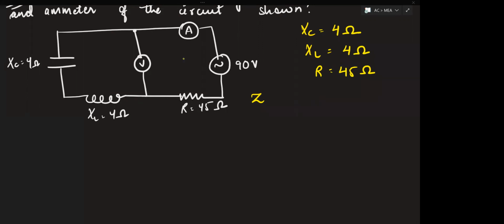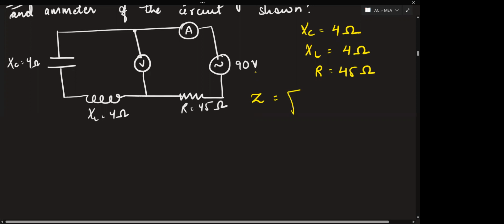So what's the impedance coming there? The impedance is 45. That's how you got 2 ampere: 90 divided by 45. Correct.